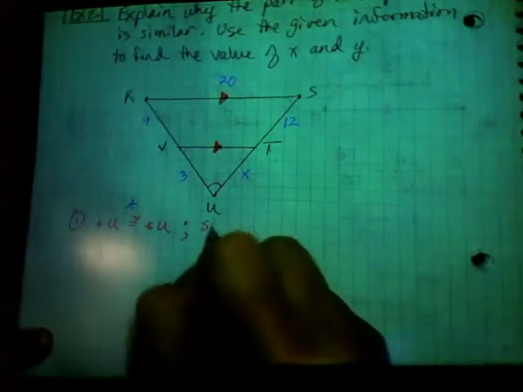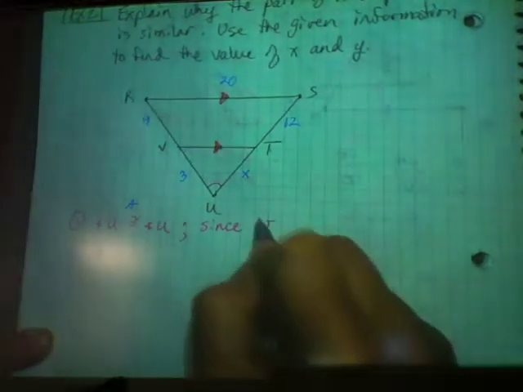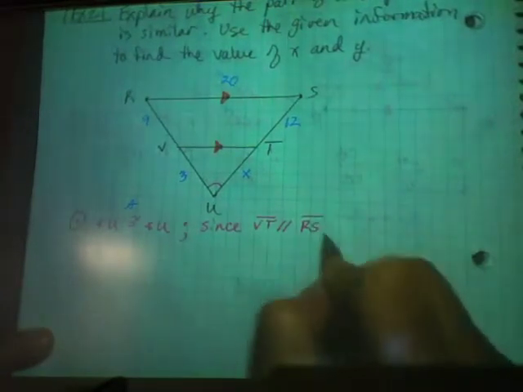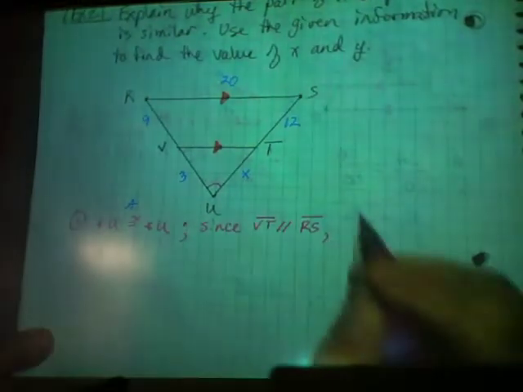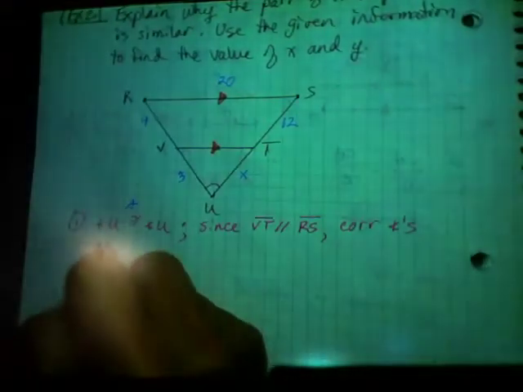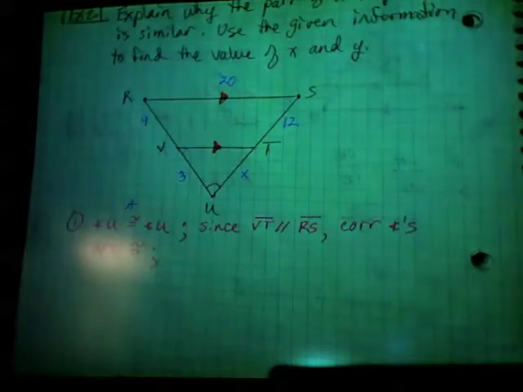Since segment VT is parallel to segment RS, corresponding angles are congruent. So we're going to choose a set of corresponding angles. Does it matter which set I choose? Not really.